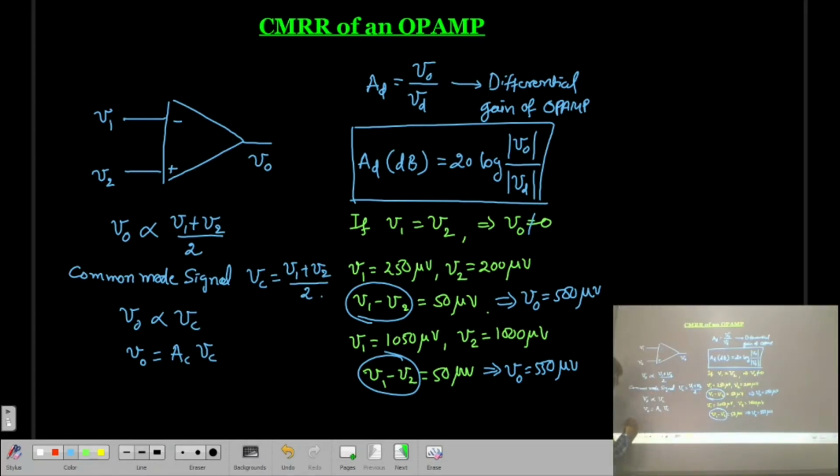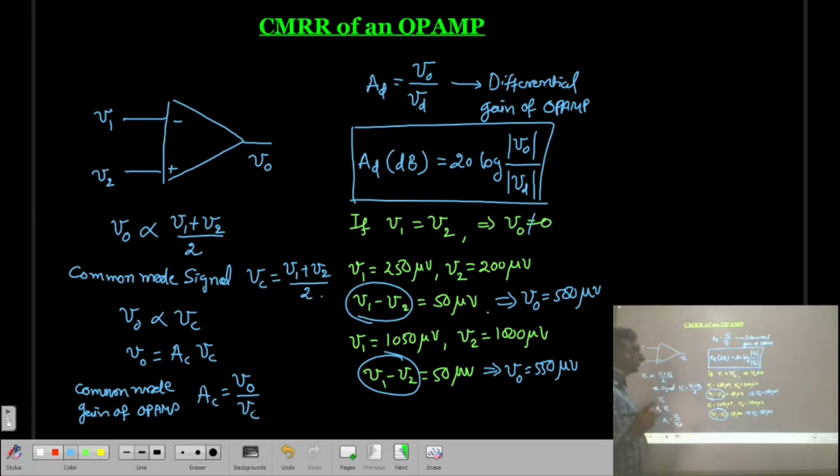Remember. So here we define that the common mode gain of op-amp, that is AC, is written as VO by VC.